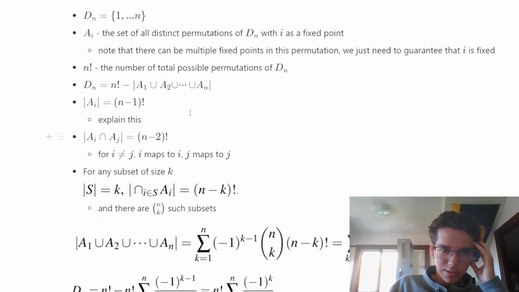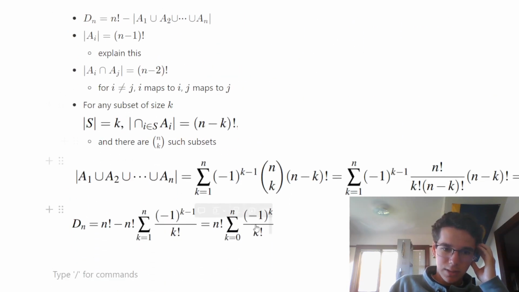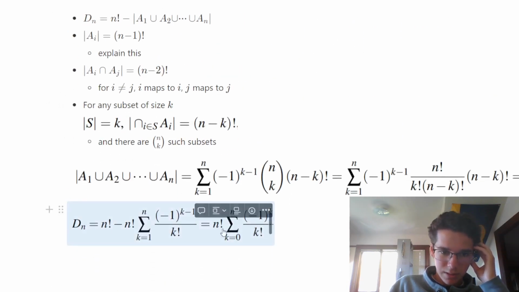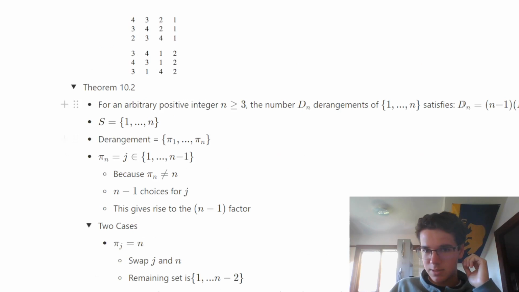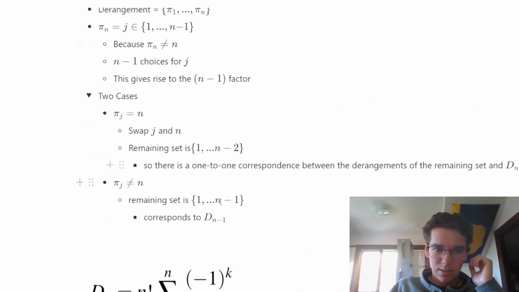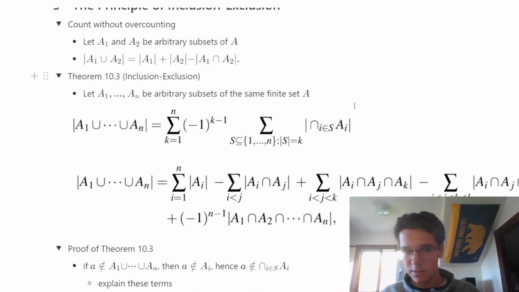Again, we're going to try to use what we've learned to derive this equation right here. We just kind of said that this derangement count is equal to this equation right here.